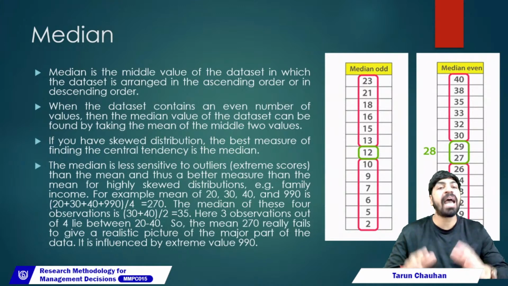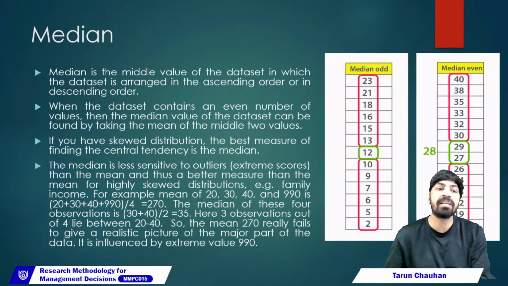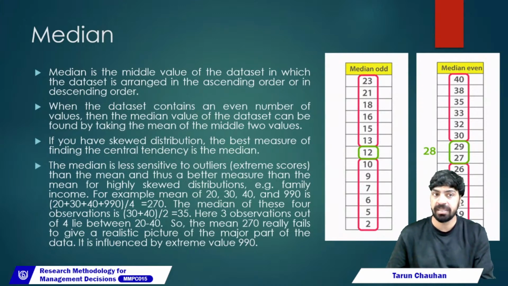So whatever the diagram drawn, the middle line of a data set is the median. So that is the best measure in statistics to find the central tendency.